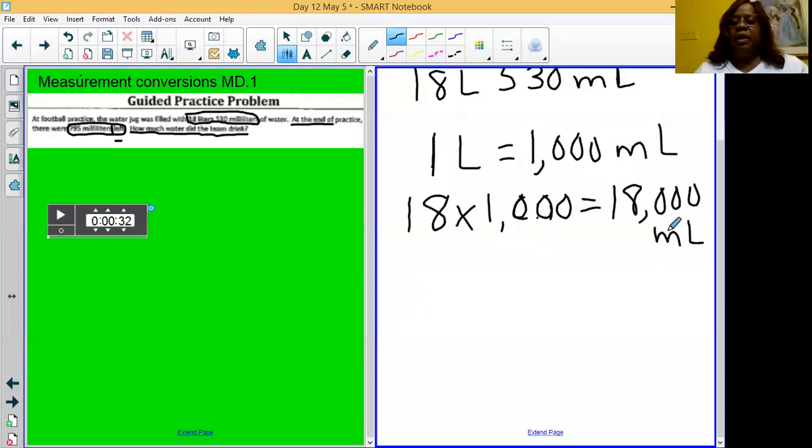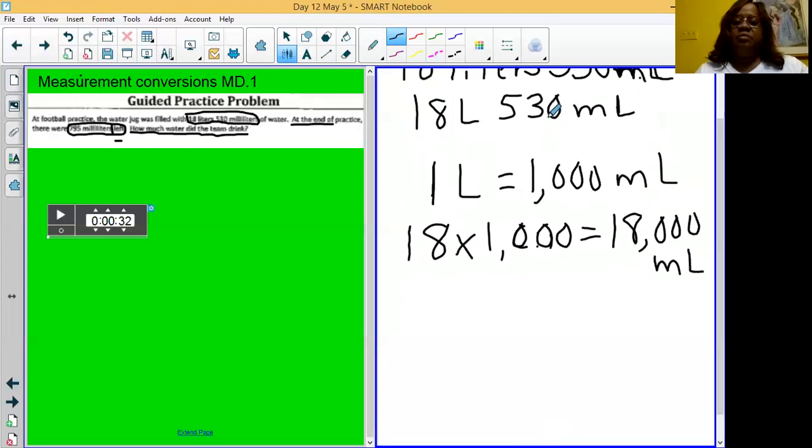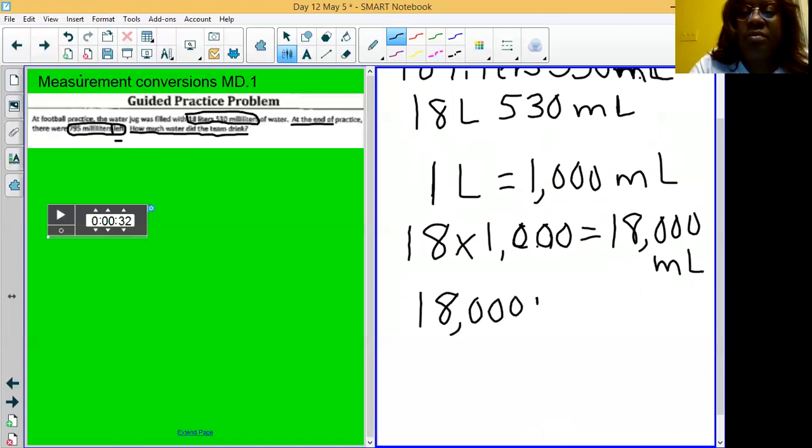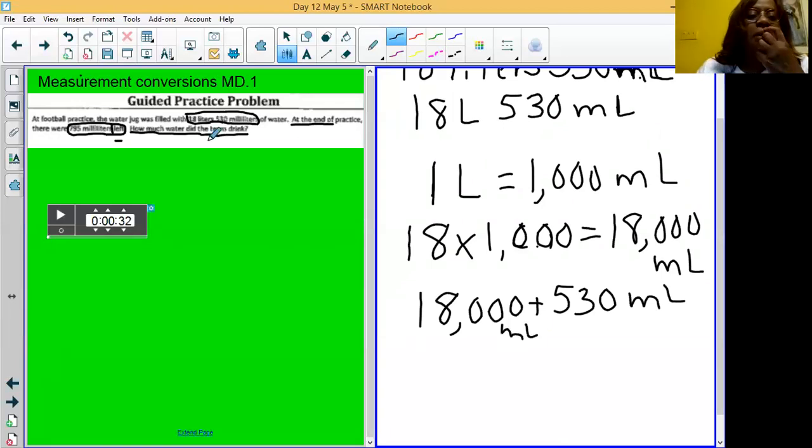Now, I'm going to take that 18 liters. Remember, I had 18 liters, 530 milliliters. So now I have my 18,000 milliliters plus my 530 milliliters. So everything is milliliters now. So now I've taken what the jug was filled as.